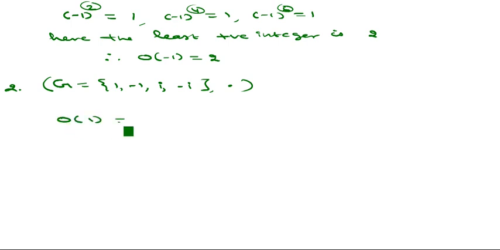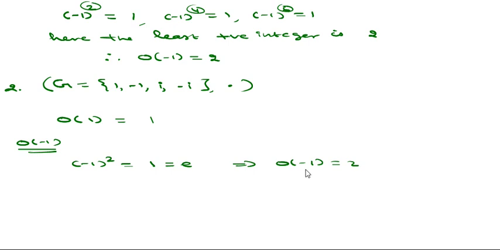Order of 1 is 1, because 1 power 1 is 1. Next we find order of minus 1. Minus 1 power 2 is 1, which is equal to the identity element. Therefore order of minus 1 is 2.